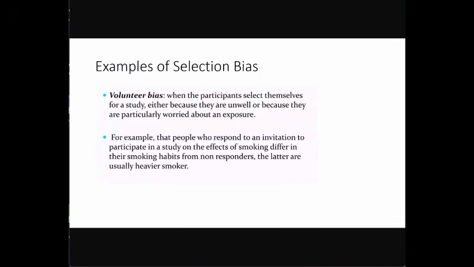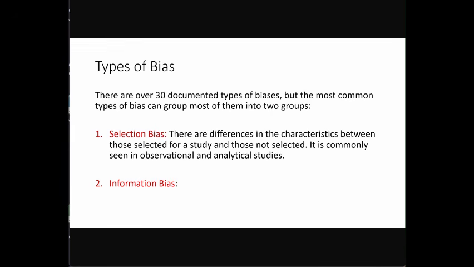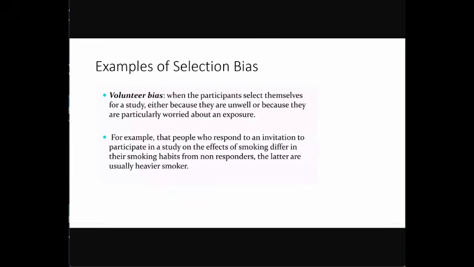Volunteer bias can occur as part of selection bias. So we group two of them as selection bias and information bias. So let's deal with selection bias first. Now, volunteer bias as part of selection bias.